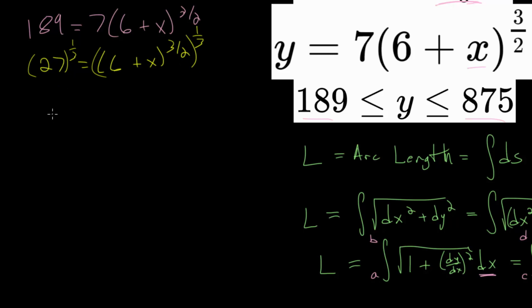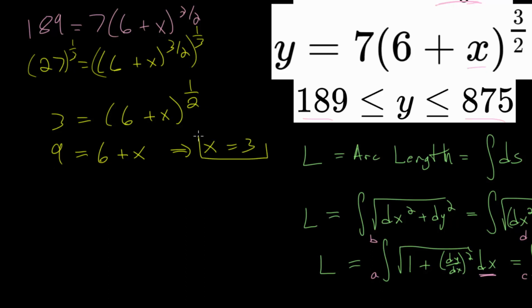Since 27 to the 1/3 power is just 3, we get 6 plus x, now raised to the 1/2 power. And to get rid of this square root, this raised to the 1/2, we just square each side. So we get 9 is 6 plus x, and subtracting 6, we get that x is 3. So that is one of our bounds. That's for this lower y value.